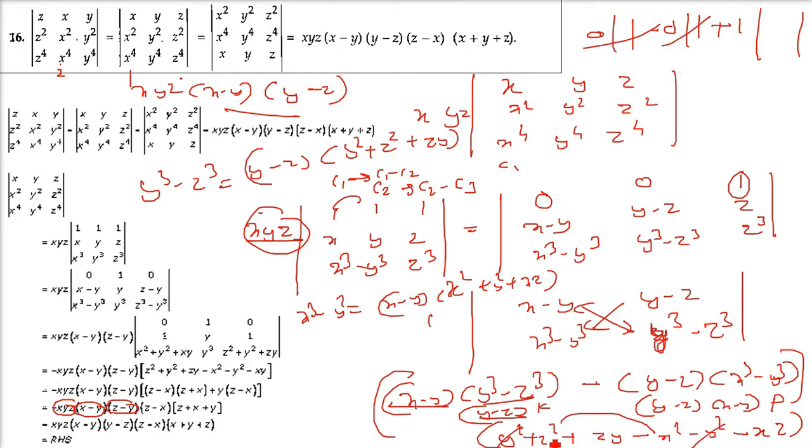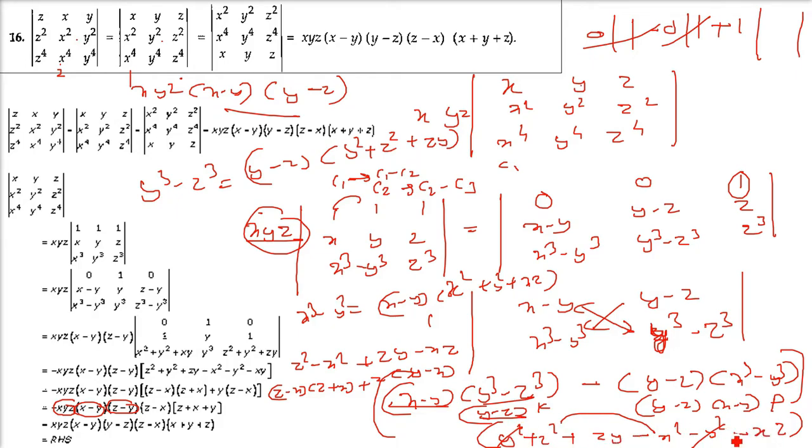Y square gets cancelled, so z square minus x square plus zy minus xy. It's not xz, it's xy. So z minus x, z plus x, and we can take y common. When we take y common, what do you get? You get z minus x inside.